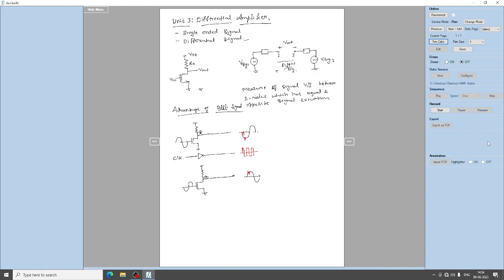So same thing we observe during the positive and negative cycle of this signal, or the signal which is coming from the node 1 and node 2, right? So now because of this clock signal, both the signals are affected, right? So both the signals are induced with a noise. There will be variation or disturbance in the signal, right?